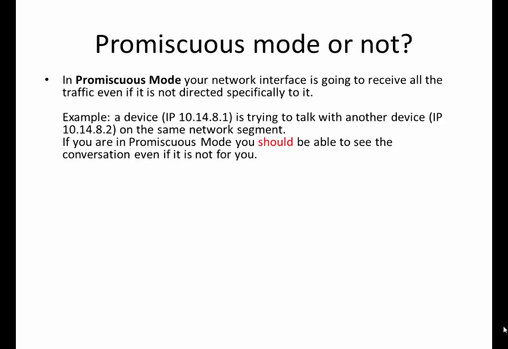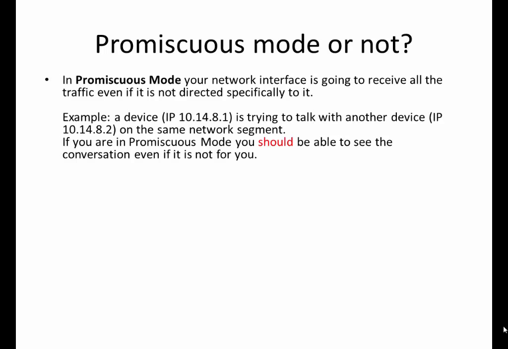So, for example, if you have a device, let's say 10.14.8.1, that is trying to talk with another device with the IP 10.14.8.2 on the same network segment, in promiscuous mode you should be able to see the conversation, even if it's not for you.